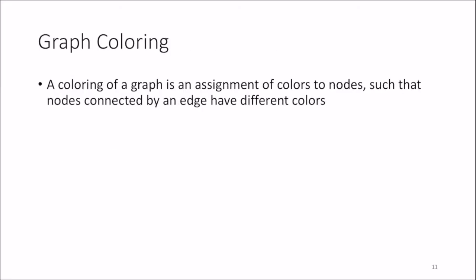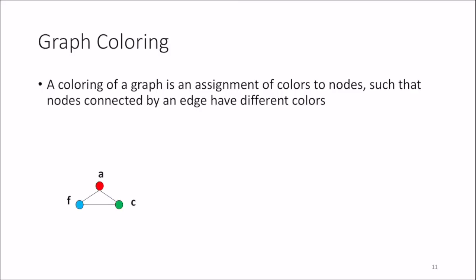Graph coloring, as you probably have seen before, is an assignment of colors to nodes such that the nodes connected by an edge have different colors. They cannot share a color. This is related to things like coloring a map so that adjacent countries don't get the same color, etc. Graph coloring is a useful algorithm that covers lots and lots of use cases, and register allocation is just one of them.